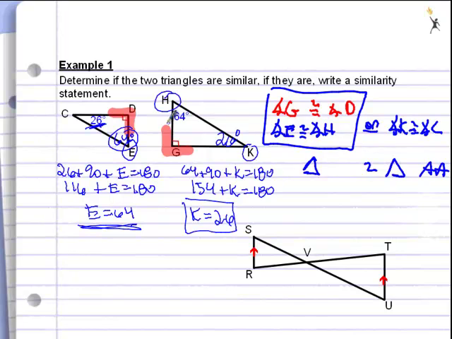And when you prove the two triangles are similar, you have to be able to say that triangle HGK is similar to triangle EDC, and by AA similarity.